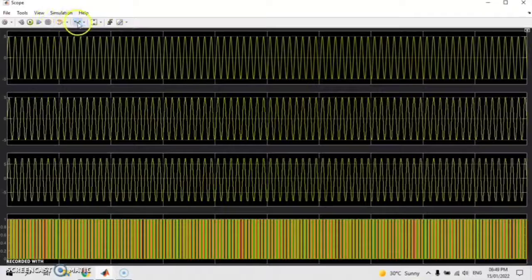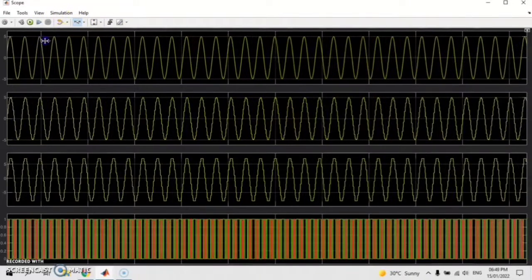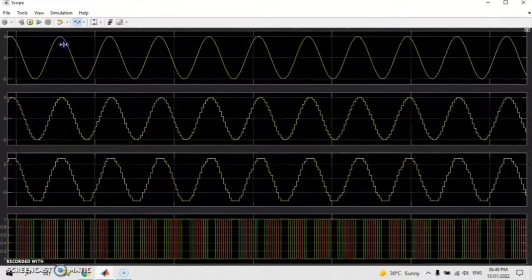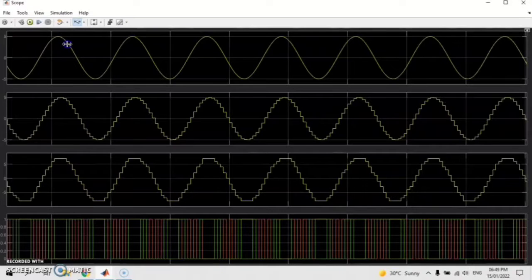Okay, from the scope, we can get the result here. This is our 4-bit result for 400 sampling frequency, and this is the input signal. This one is the sampled signal, the quantized signal, and lastly the encoded signal.